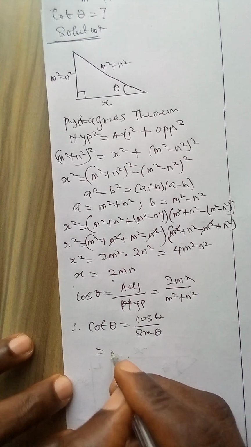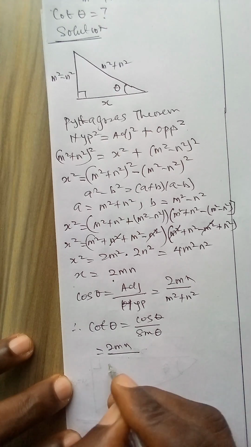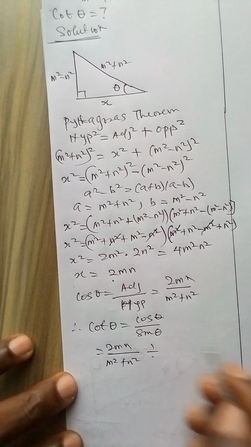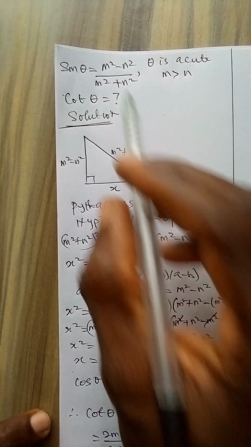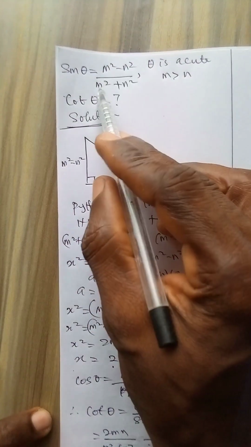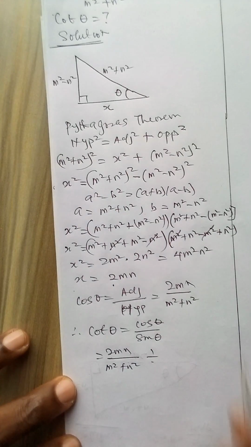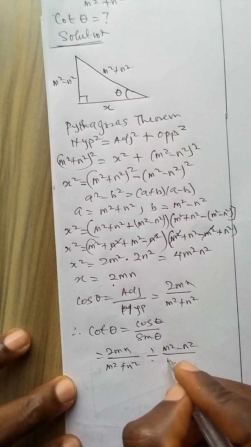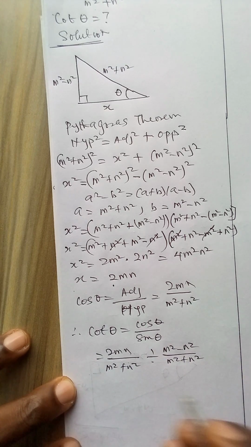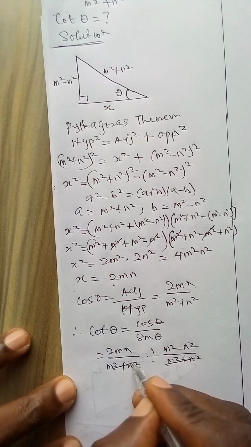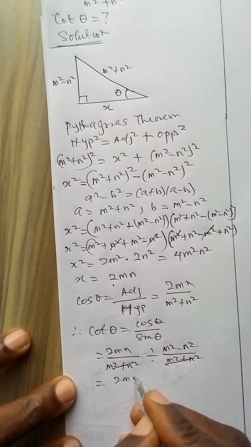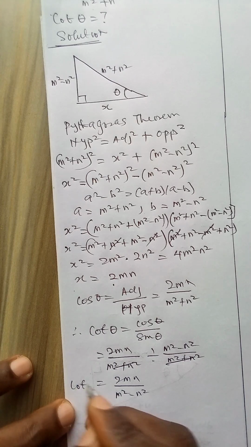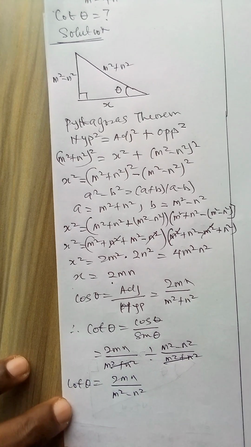So our cos theta is 2mn over m squared plus n squared divided by sine theta, which is given as m squared minus n squared over m squared plus n squared. So we put it there. Now if we divide, this and this will cancel out, remaining 2mn over m squared minus n squared, which is our cot theta. So this is the first method.